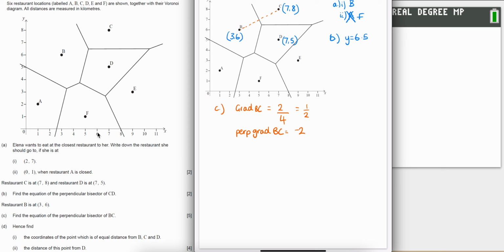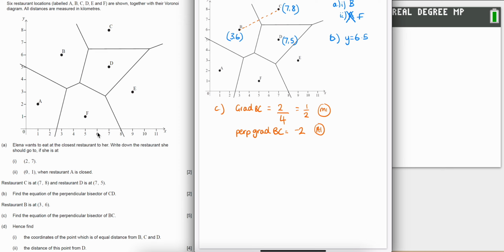So the first mark is for actually calculating that. There's one mark for finding the gradient or for using this formula, and then there's one mark for finding the gradient of the perpendicular rather than the original.